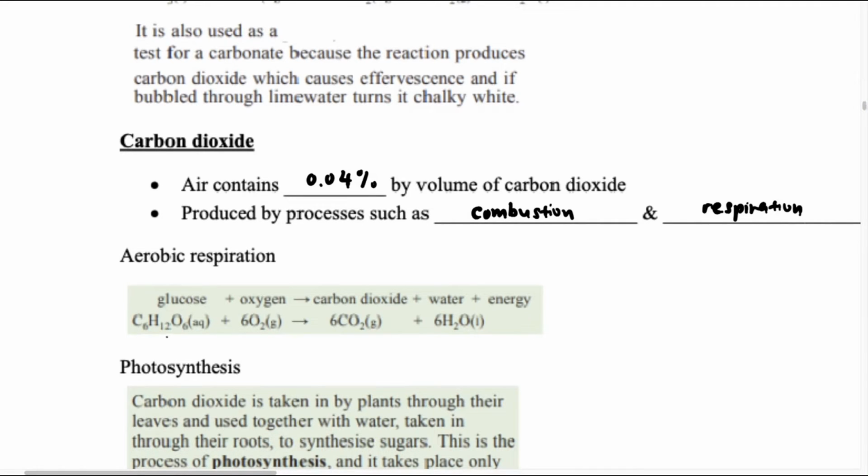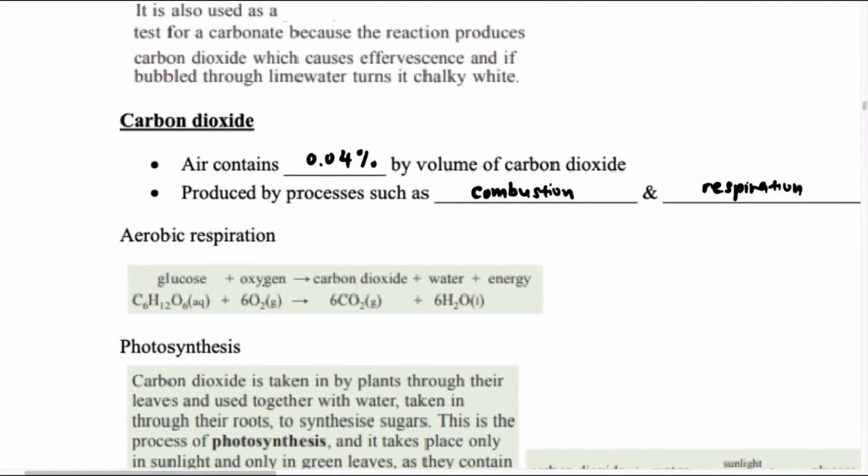Okay, so let's see the equation here. Glucose plus oxygen, then you get carbon dioxide plus water plus energy. So carbon dioxide is produced.